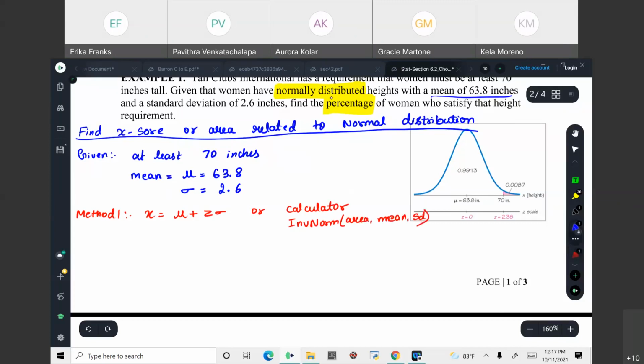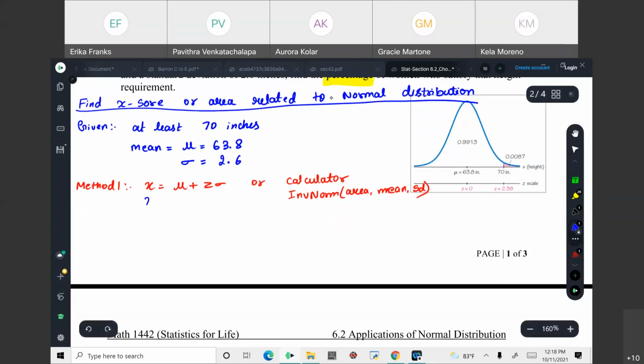Okay, now we'll see how to do this using the formula. Okay, now to find the x-score, it is already given, right? The x-score is already given, which is 70. Okay, so 70 equals, what is the mean? 63.8 plus 2.6 into z. I don't know what z is. Now using this, I will calculate the z.